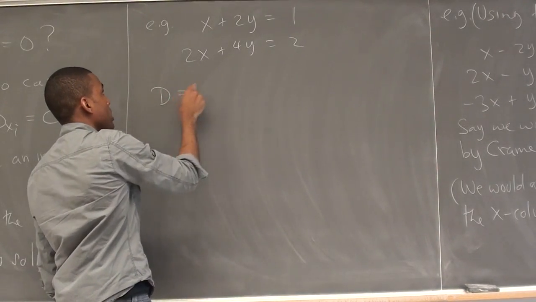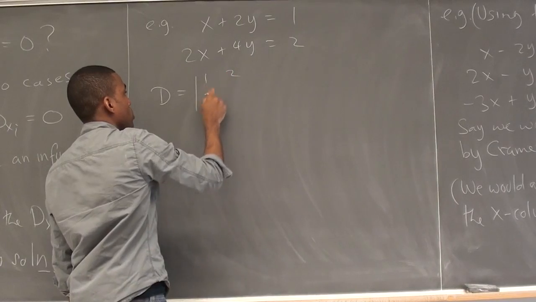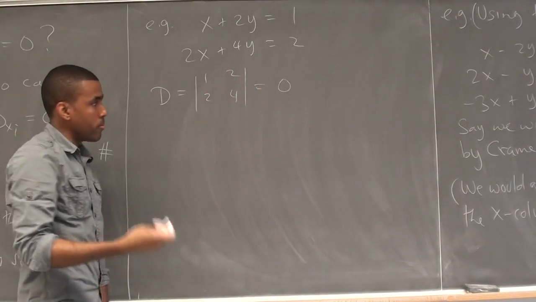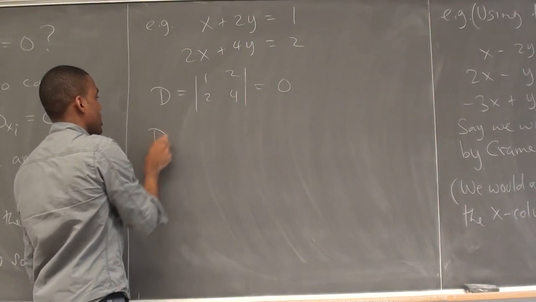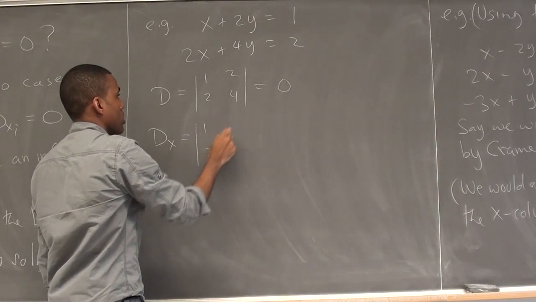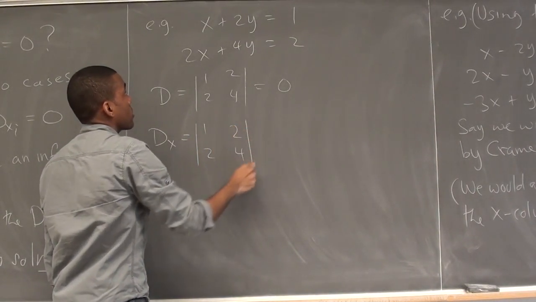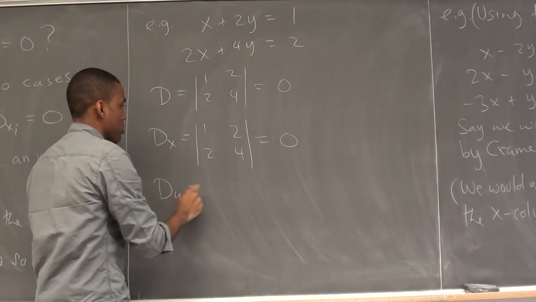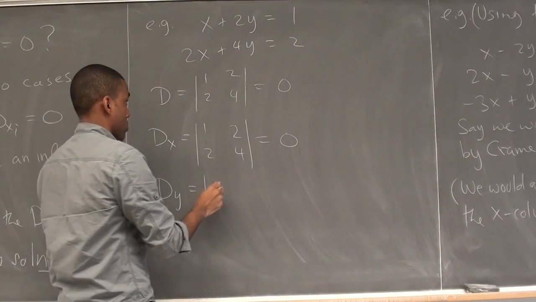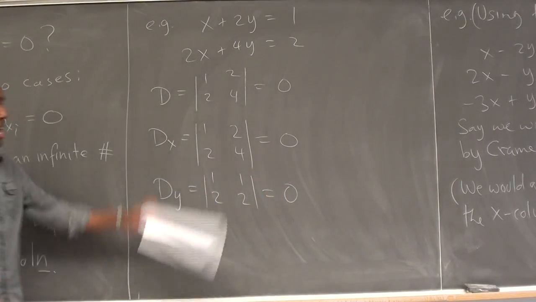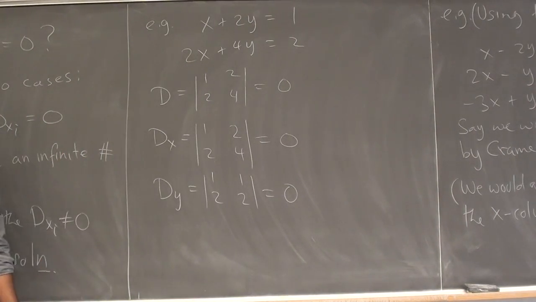Your d would be the determinant of 1, 2, 2, 4, which you know is 0 because one row is a multiple of the other. Your dx would be the determinant of 1, 2, 2, 4, which is again 0. Your dy would be the determinant of 1, 1, 2, 2, which is again 0. Everyone is 0. All your d's are 0.